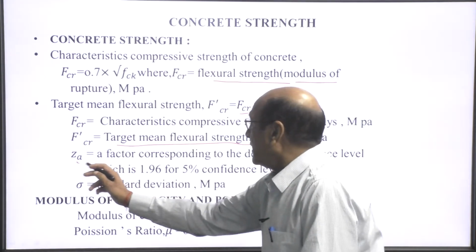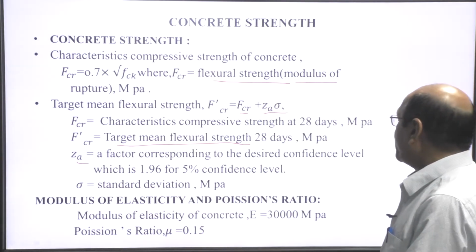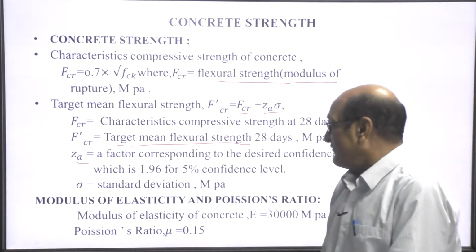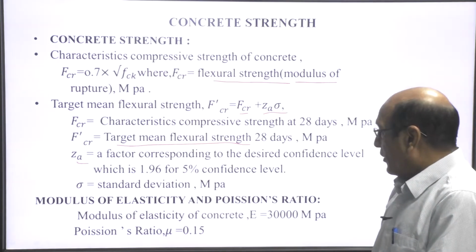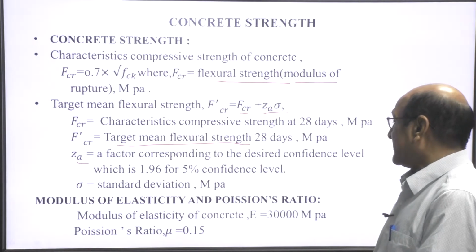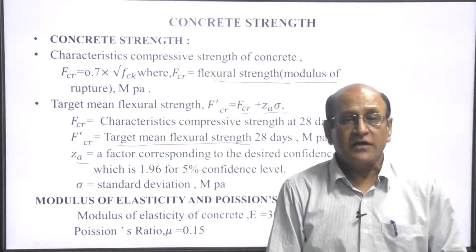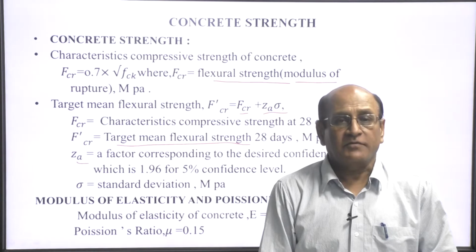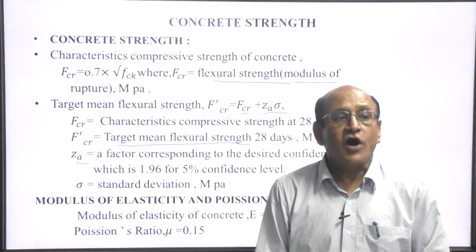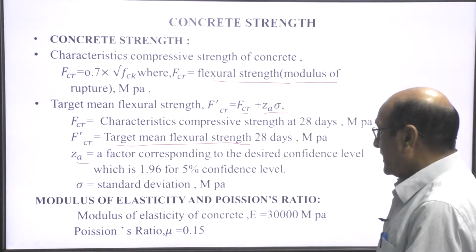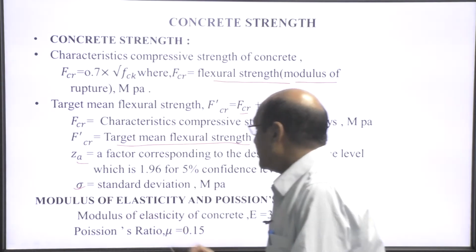Za is a factor corresponding to the desired confidence level, which is 1.96 for 5% risk level, taken from the normal distribution curve, and sigma is the standard deviation in megapascal.